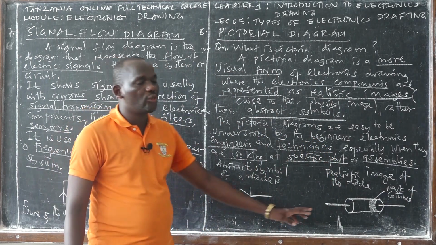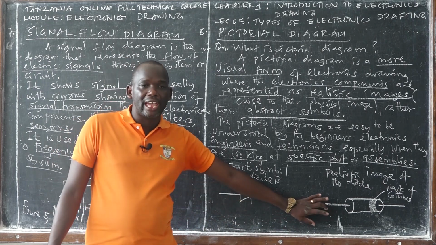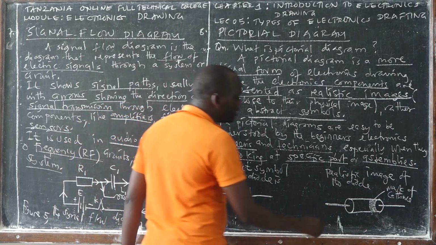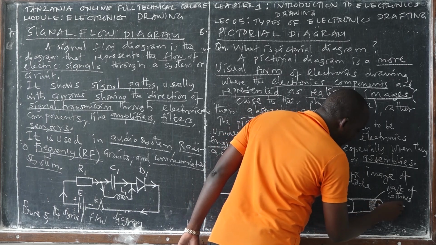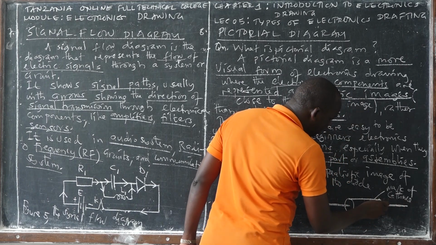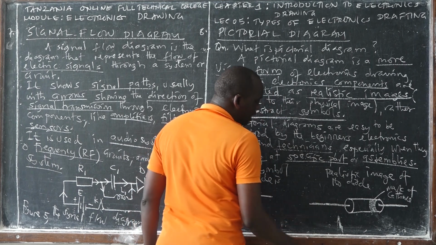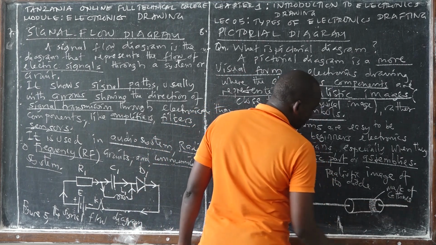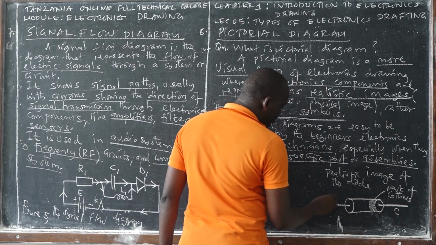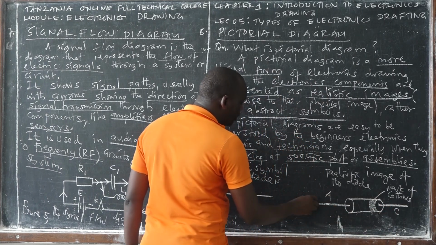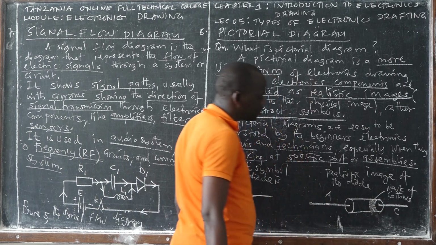So this is what we call the realistic image, the physical appearance. In this one, the anode terminal is always longer than the cathode terminal.